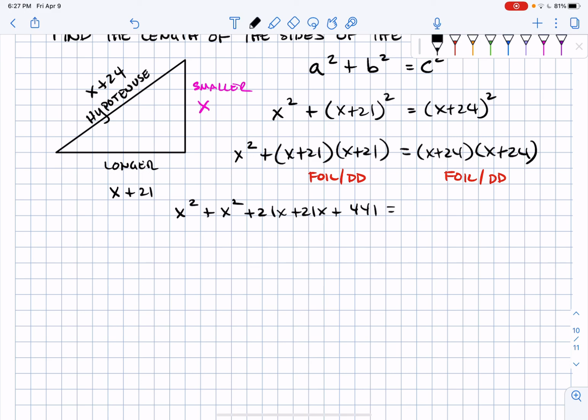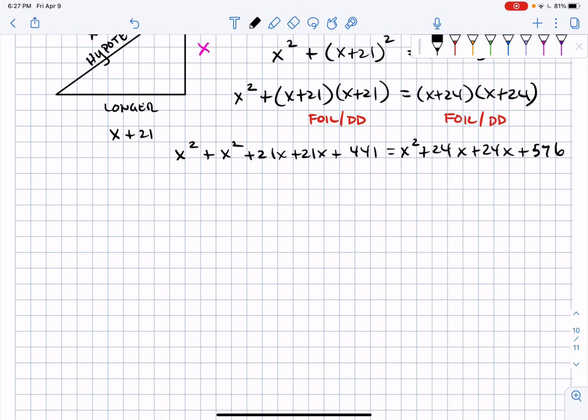Is equal to x squared plus 24x plus 24x plus 576. Okay. Woo, let's combine some like terms here.